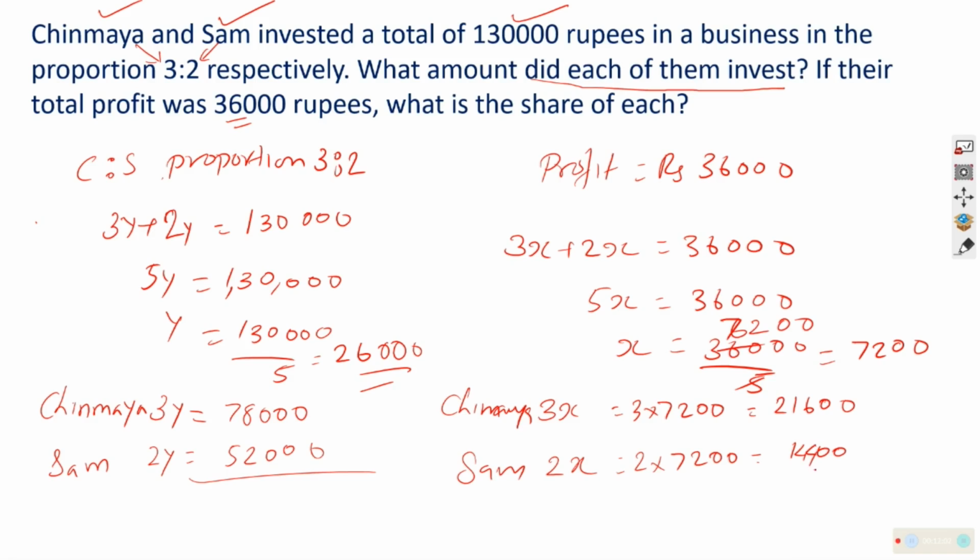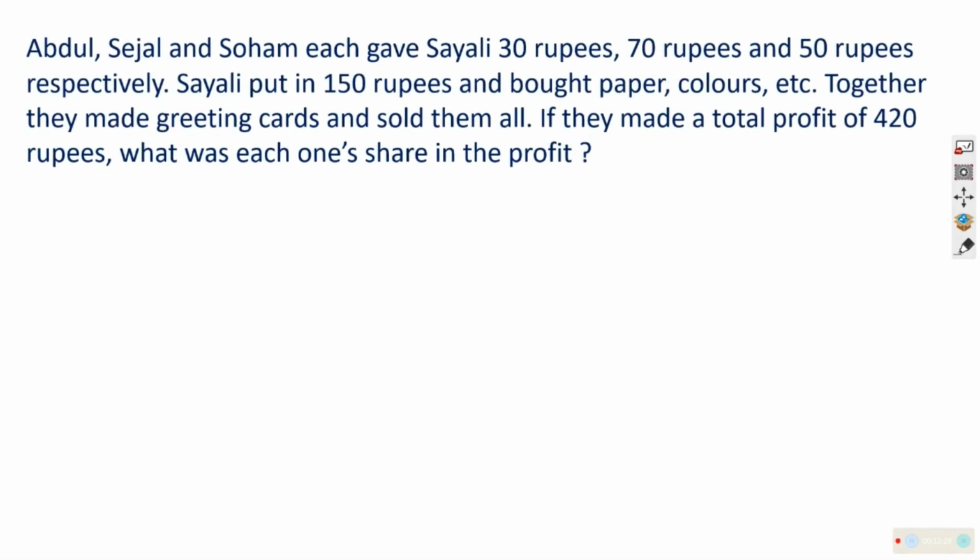So altogether they divide this accordingly. One will be getting 21,600, the other will be getting 14,400, and the total is 36,000. So my dear students, the concept of proportion is very much useful in partnership business to divide the profit. It will not be profit always. Kabhi kabhi you will be having loss also.